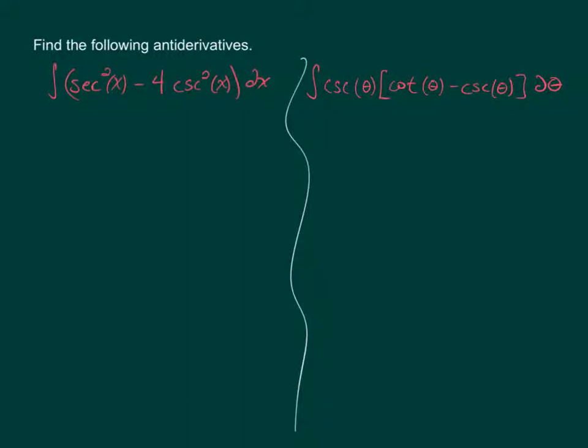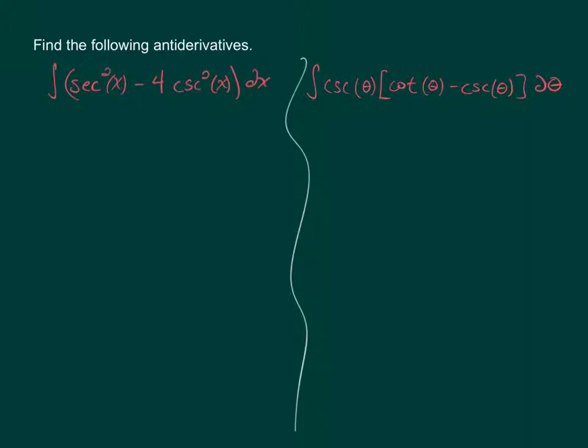Find the following antiderivatives. In this left example, we'll be finding the antiderivative of secant squared x minus 4 cosecant squared x dx. In order to figure out these antiderivatives, it's almost like a memorization.